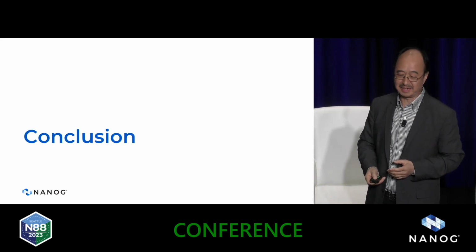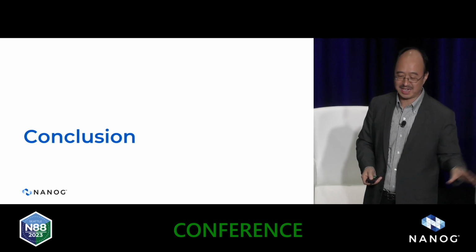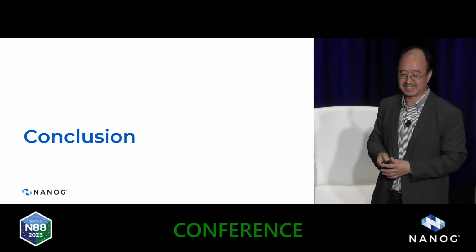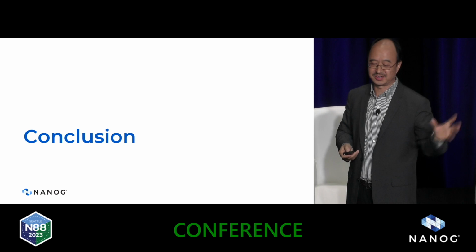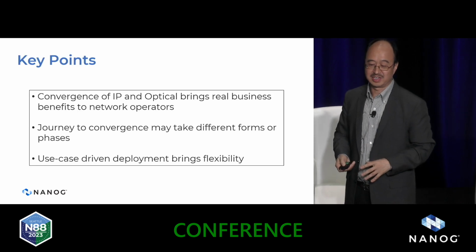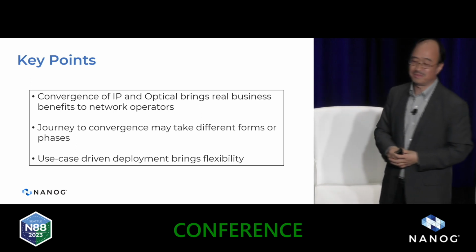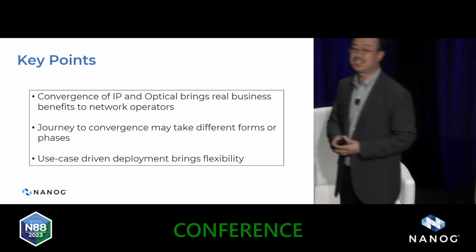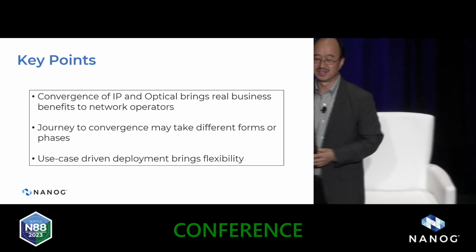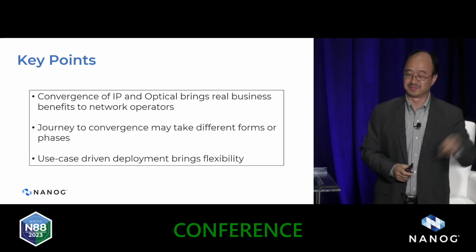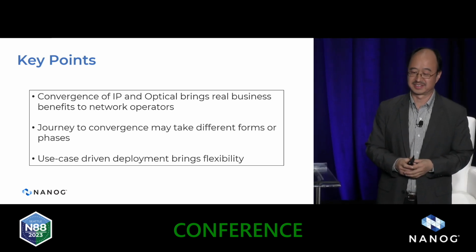So we talked quite a bit, and I want to leave time for questions, feedback and comments. So I'm going to conclude with a couple of slides. The key takeaway points: convergence of IP and optical brings enduring, real business benefits.